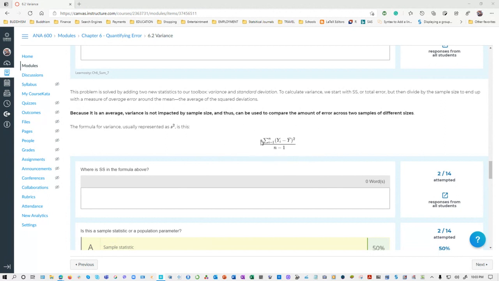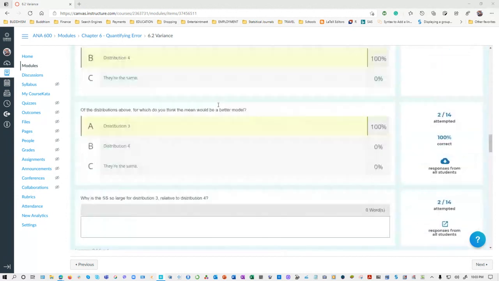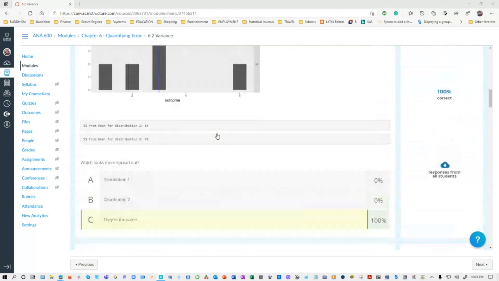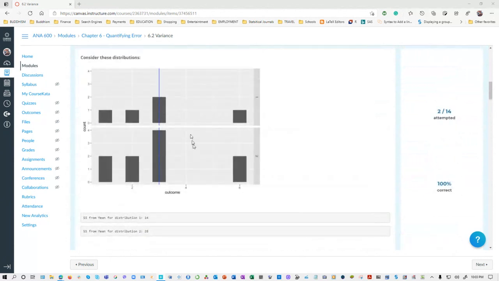So that can be used to compare the amount of error. Here we have a serious issue: we cannot compare and contrast these because of the different sample sizes. I was thinking that to compare the error incurred in this one and this one, we could look at the SSR and compare these two.